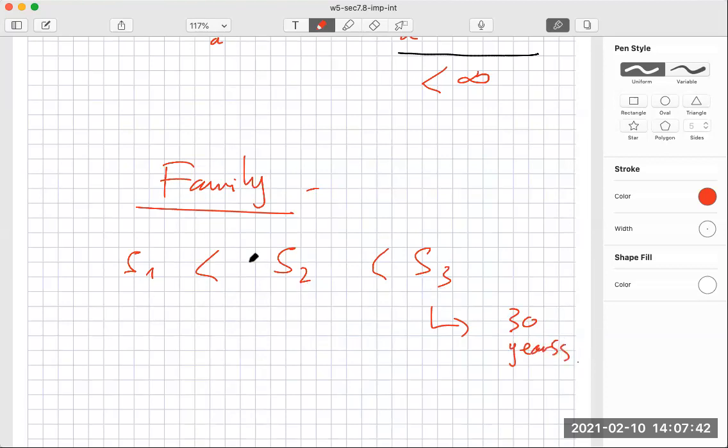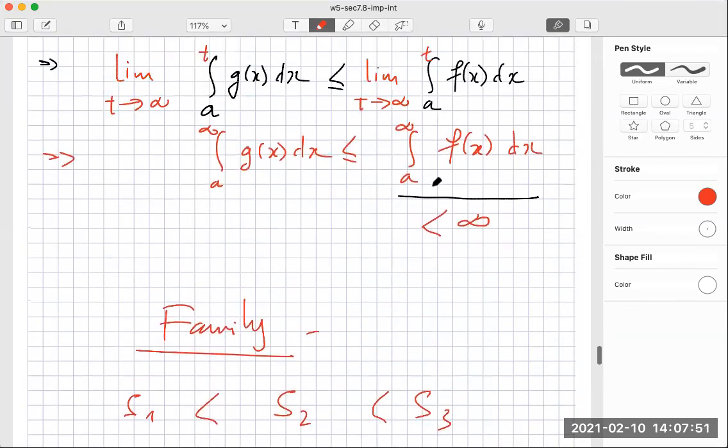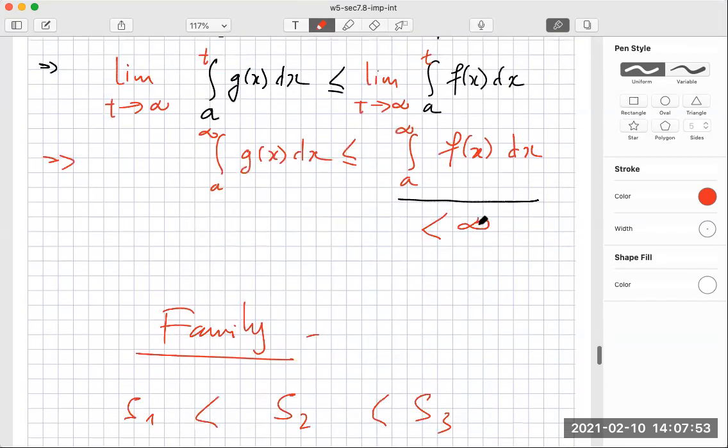And we say that the other 2 guys should be definitely smaller than 30 years old, right? The same story here. The bigger guy is convergent, then the smaller guy is convergent.